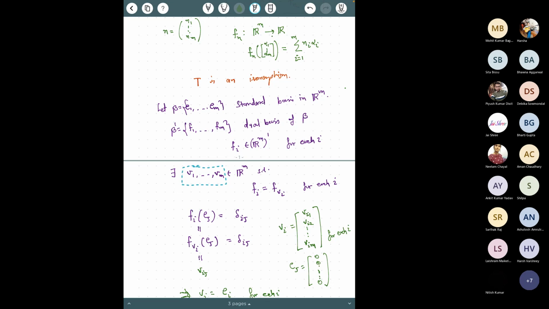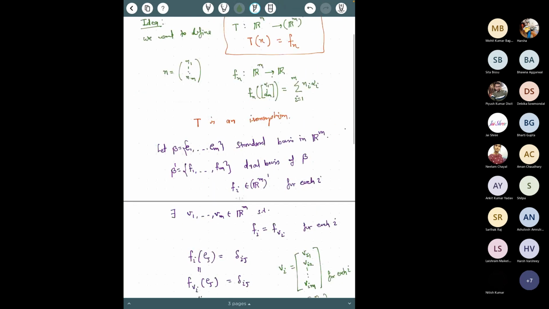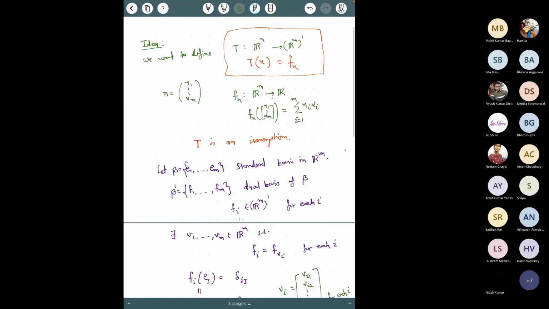Did you get my point? So from here you can say, because of this isomorphism, if you identify Rm dash as Rm, then corresponding to the linear functionals f1 to fm, the vectors in Rm are e1 to em itself.